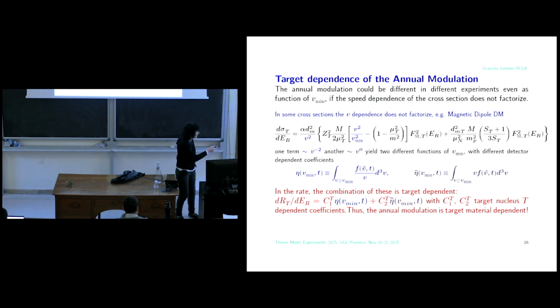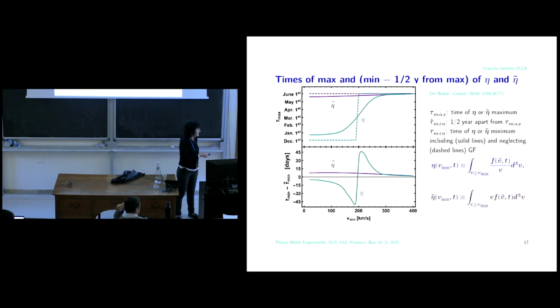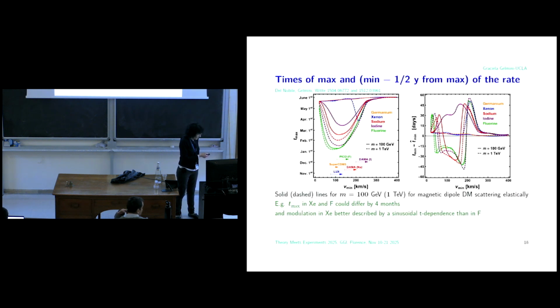And so, which one is important at what time of the year? It will depend on the particular target, right? Here, for example, we had different targets: germanium, xenon, and so on. These are examples. This is for heavy mediators or light mediators.